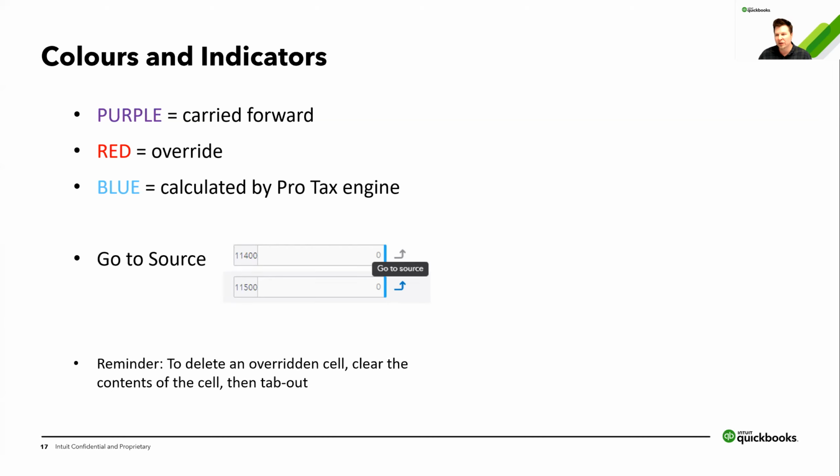So the way that we do that in ProTax is you clear the contents of the cell. You highlight or put your cursor in and remove all of the data in that cell, and then you either click out or tab out of that cell. That will remove the override. So that's something really important to note in ProTax.